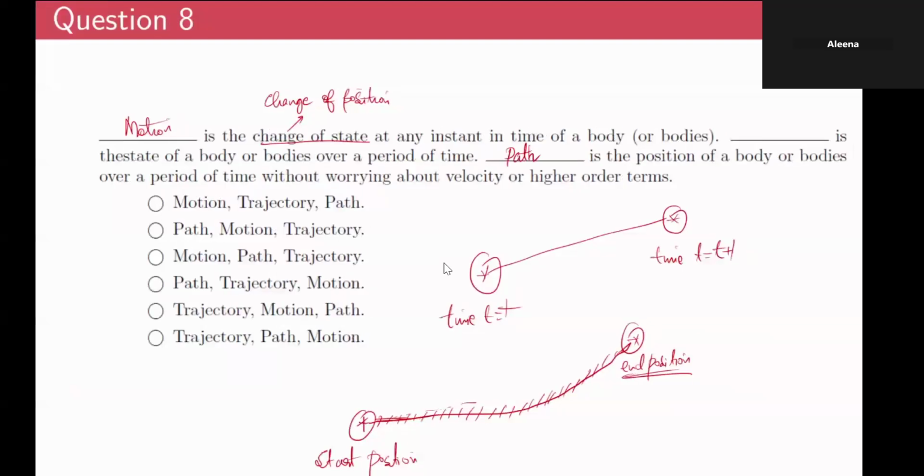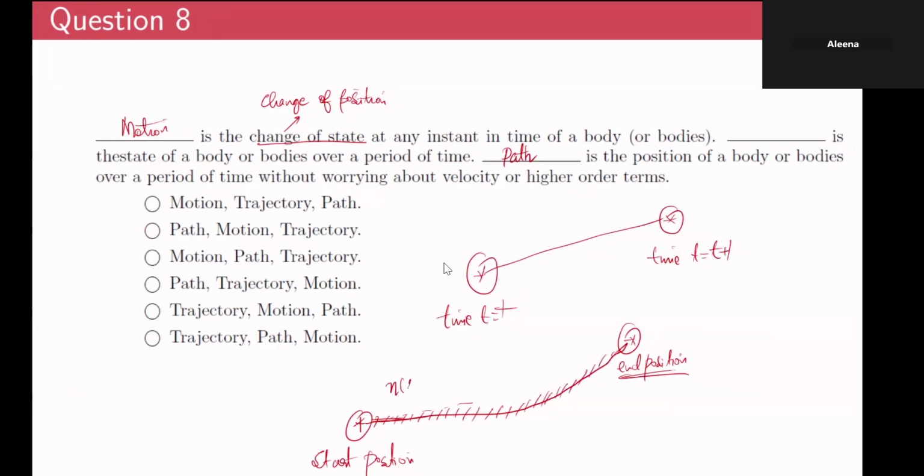And that leaves us with the second statement. Dash is the state of body or bodies over a period of time. Over a period of time, we know all the information about the state. We know the position as a function of time, the velocity as a function of time, and the acceleration as a function of time.